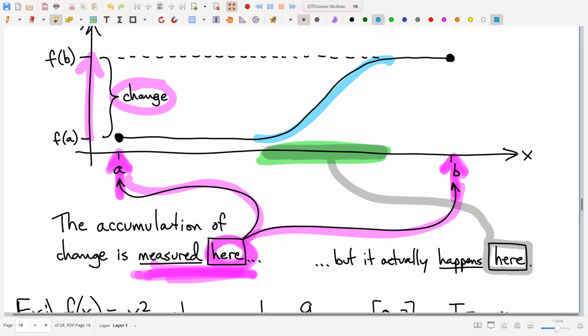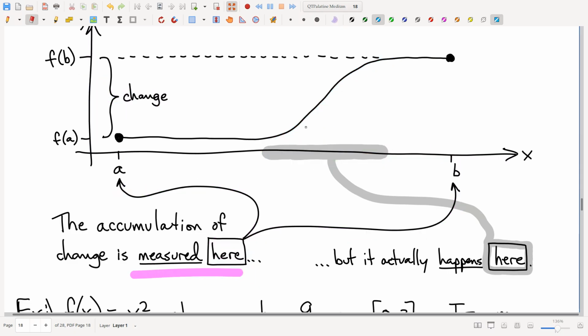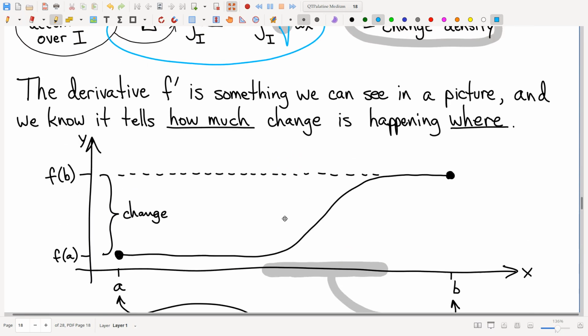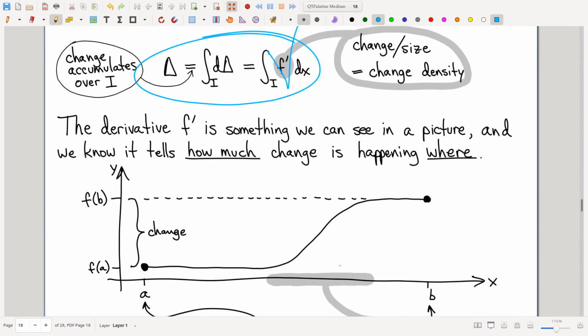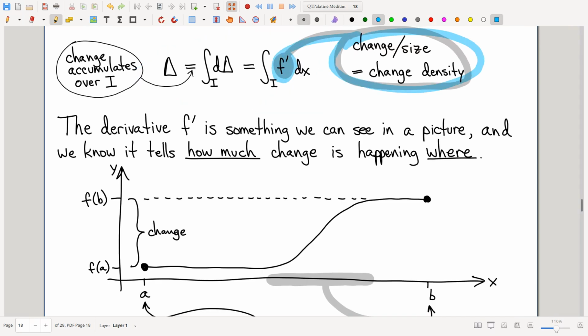Totally analogous. All right, now next observation, how much? How do I see change density here? And I've made this highly suspicious assertion that the derivative is change density. Weird.